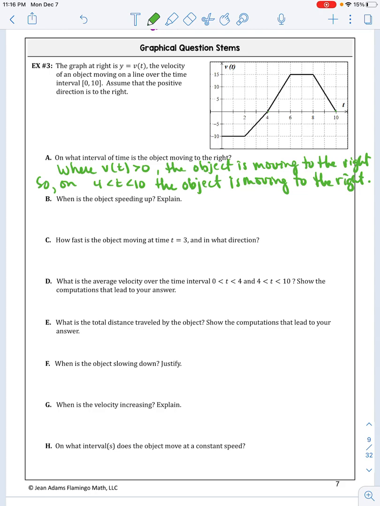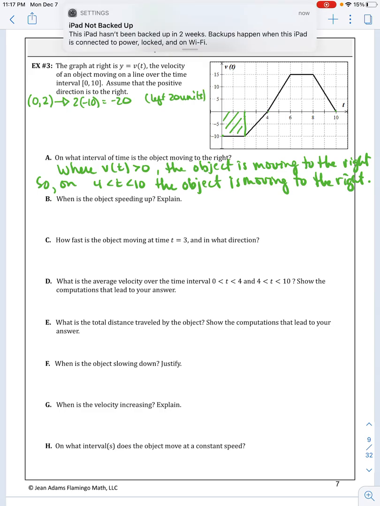Now, before we do any of these other ones, I do want to stop and look at the area between the curve and the x-axis for each of these intervals. So I'm going to do from 0 to 2, and the area between the curve and the x-axis, I would take negative 10 times positive 2. So that's negative 20, which basically means left 20 units.